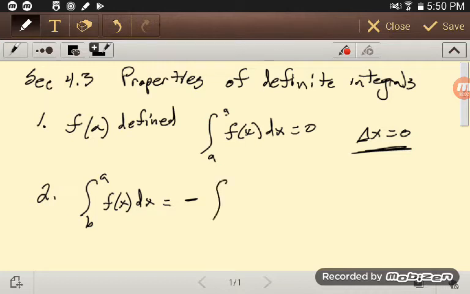And then similarly, we define that if we change the limits of integration in essence to go backward, then we just get the negative of what we had before.